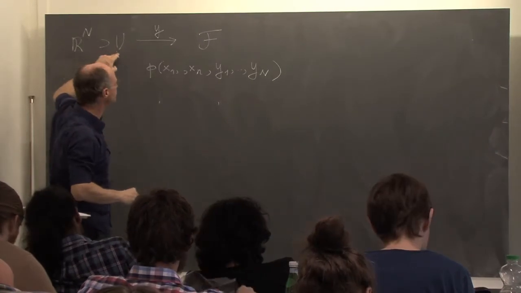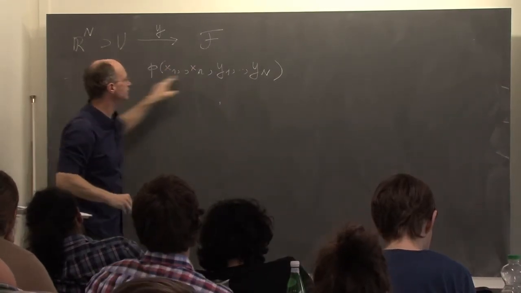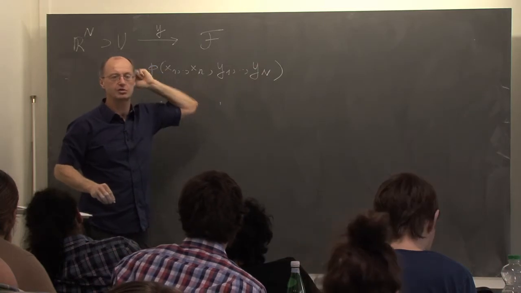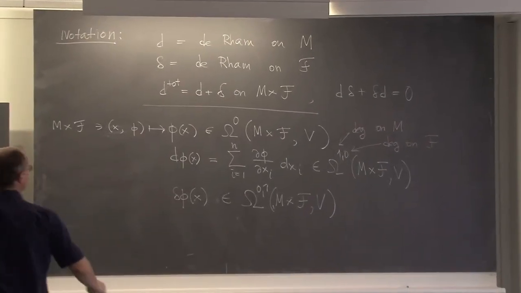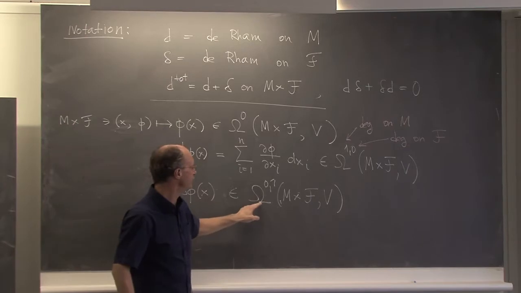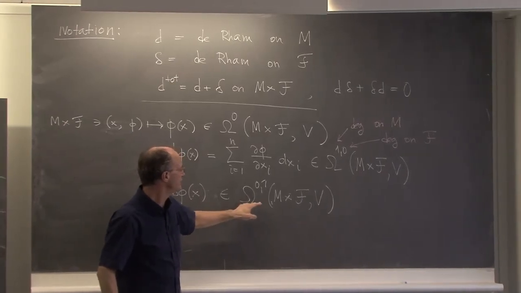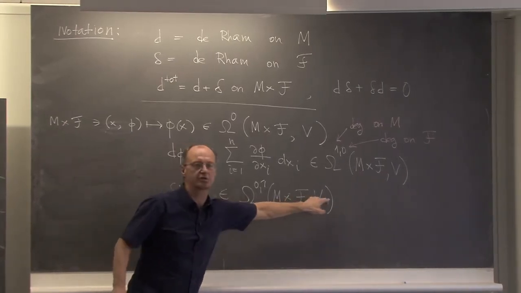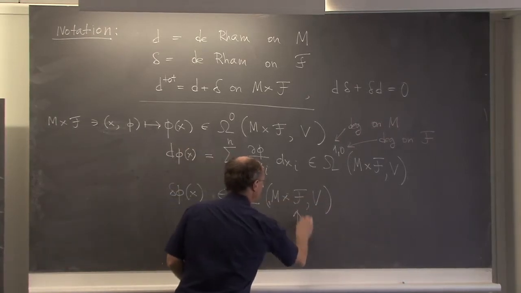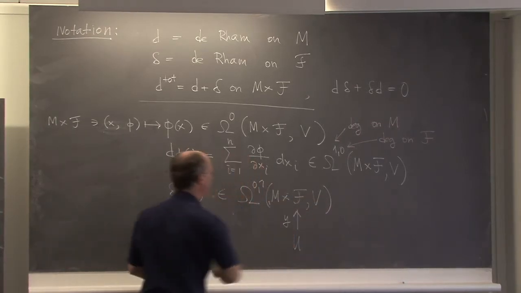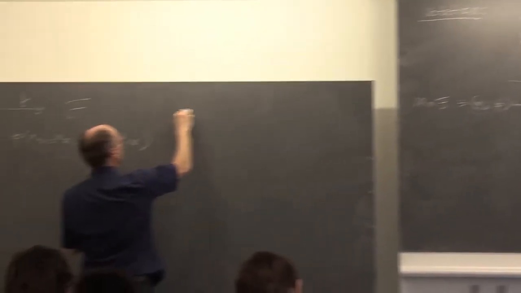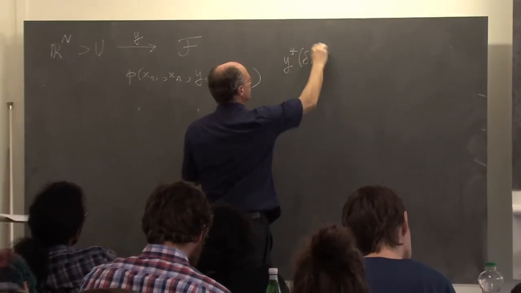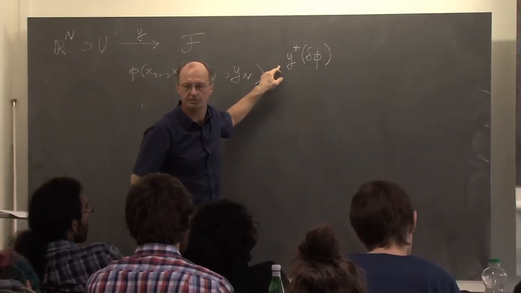So the map Y maps this domain into F, and the result is a family of fields, right? So this d phi is supposed to be a form on M cross F. Now we can map here this U with the map Y, and we can ask what's the pullback of it.